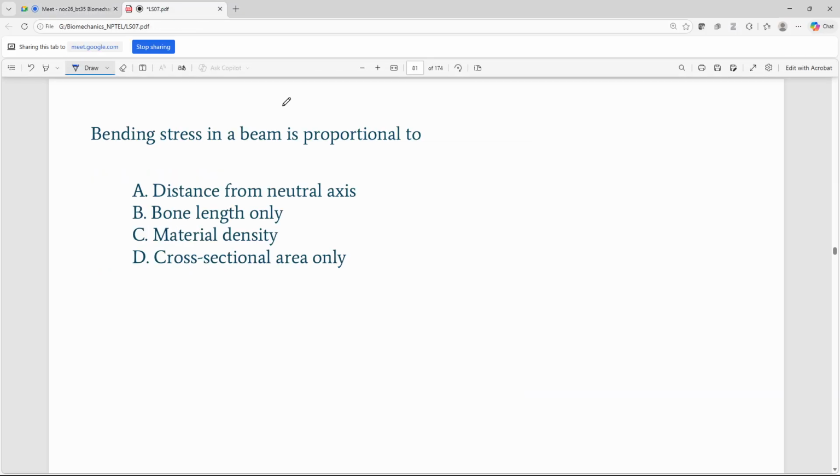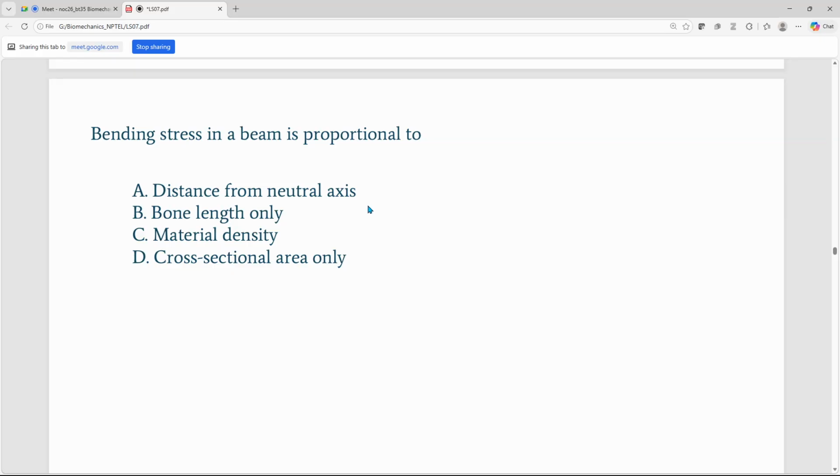The answer is option B, sorry, option A, distance from the neutral axis. Suppose you imagine this is a bent structure and this is the neutral axis.